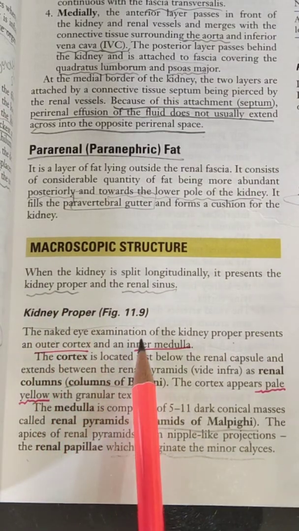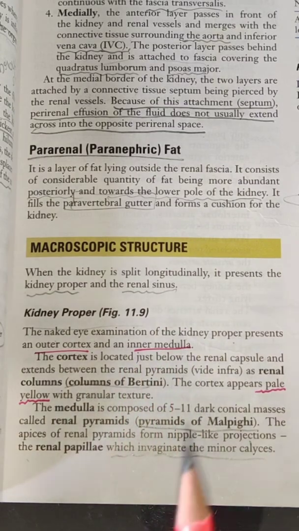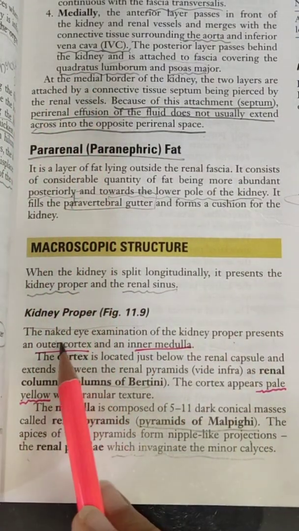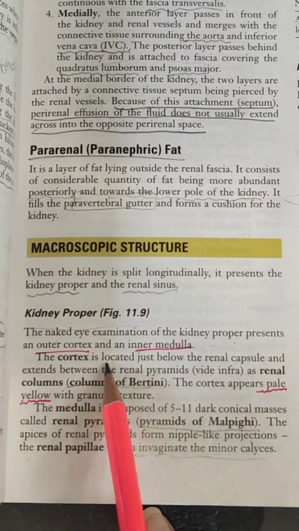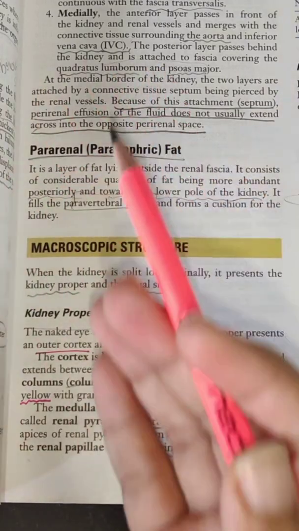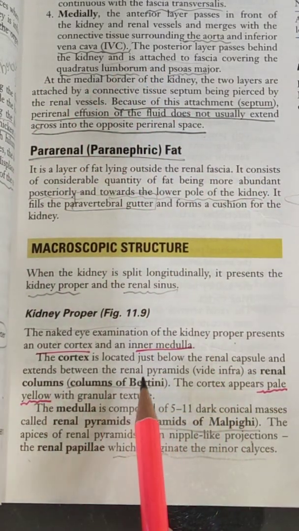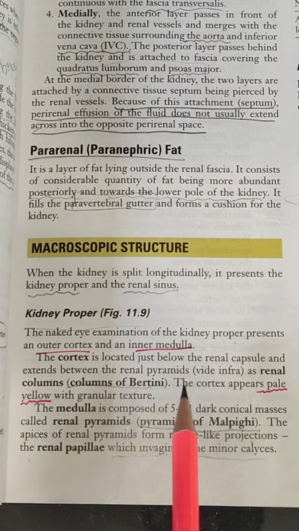The naked eye examination of the kidney proper presents the outer cortex and inner medulla. The outer cortex is located just below the renal capsule and extends between the renal pyramids as renal columns, or columns of Bertini.